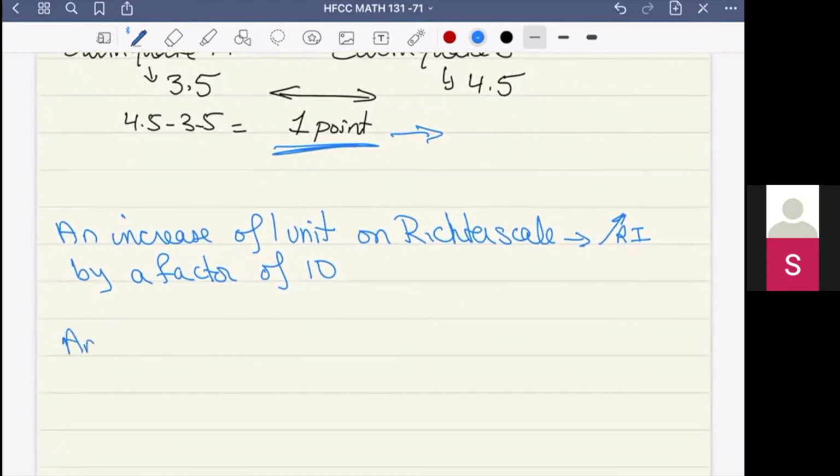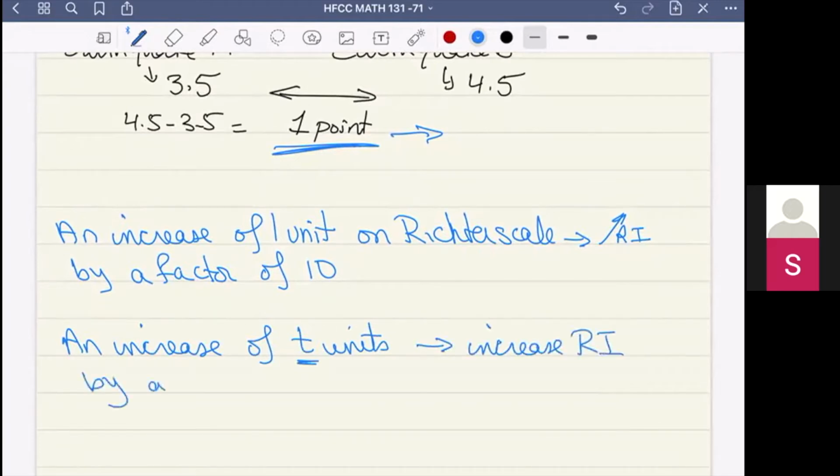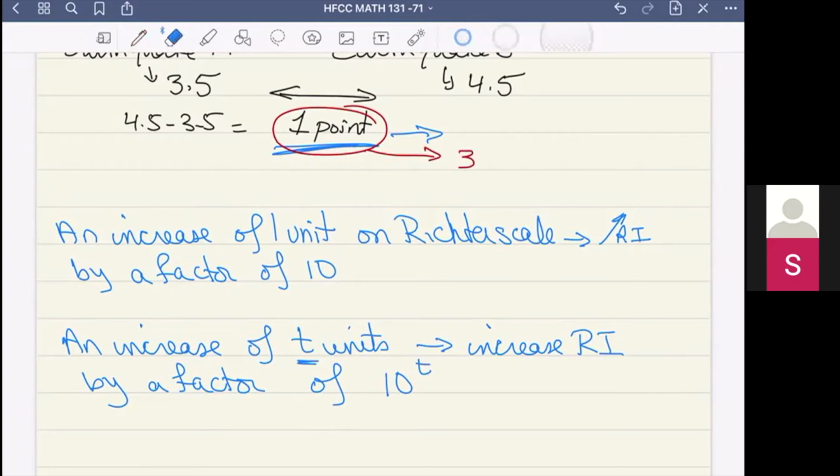Whereas an increase of T units would mean an increase in the relative intensity by a factor of 10 to the power T. So let's say right here, instead of 1, we had 5 points difference.